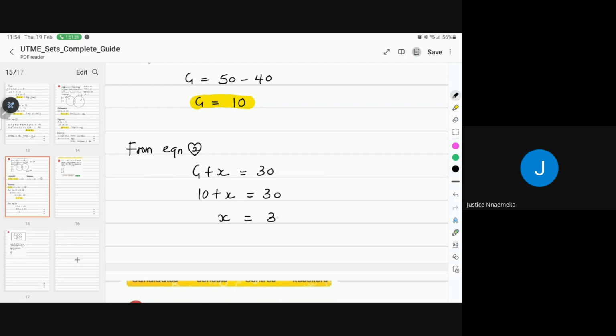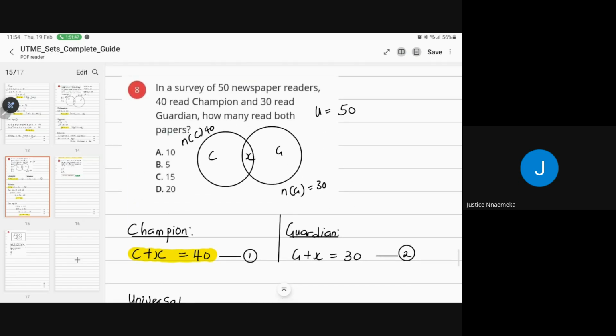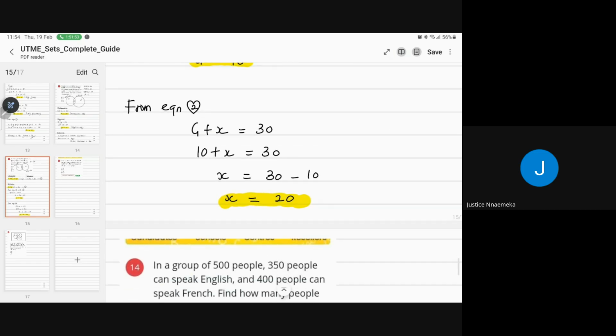X equals 30 minus 10. X is equal to 20. Have you seen it now? X is equal to 20. So what are we looking for? How many read both? So the final answer will be 20. Is that not so? So 20 read both.